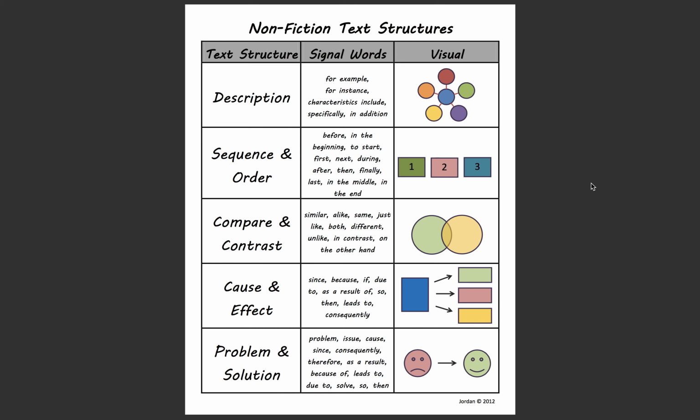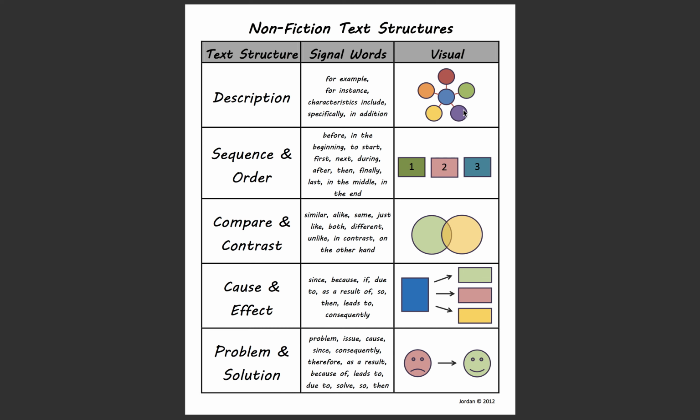Those signal words you see in the middle column: for example, for instance, characteristics include, specifically, in addition. All of these words can signal to your brain, oh, this is probably a description text structure. And over here, you'll see a little picture explaining what it is: favorite topic in the middle and all those descriptions around it.